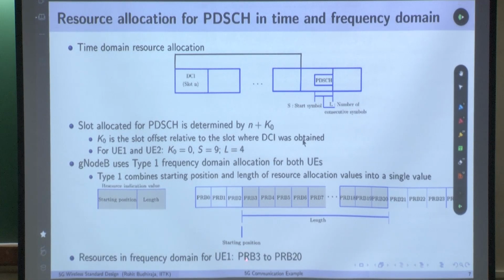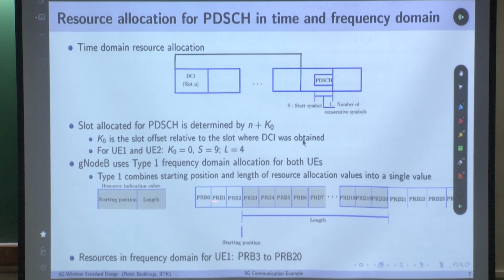So this is what I was saying here: for UE1 you allocate resources in the frequency domain from PRB3 to PRB20. This was time domain allocation, we saw how it was happening. Same slot, start from symbol number 9, goes up to symbol number 12 or 13. Then along frequency, PRB3 to PRB20 are allocated.